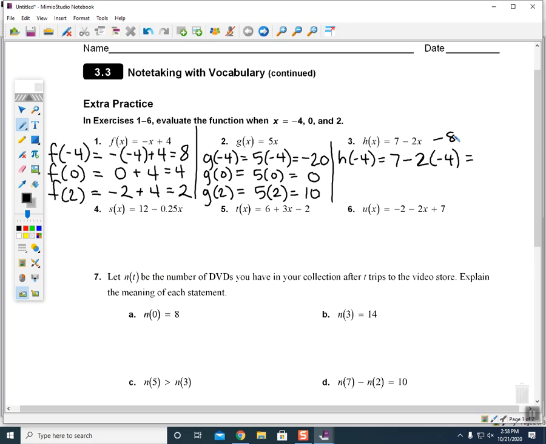So I have 7 minus -8. 2 negatives make a positive, so it's going to be 7 plus 8, which will give me 15. h of 0, 7 minus 2 times 0. Anything times 0 is 0, so my answer is just 7. Last one, h of 2, 7 minus 2 times 2 equals, well, 2 times 2 is 4. 7 minus 4 is 3.